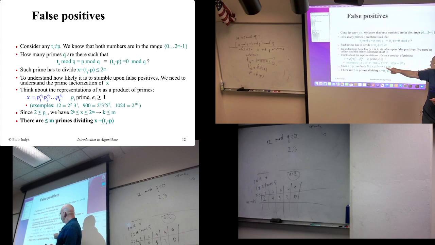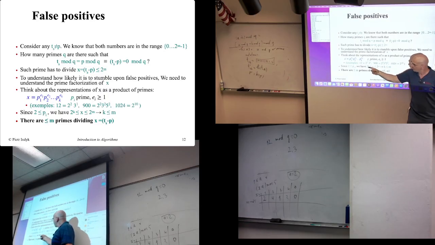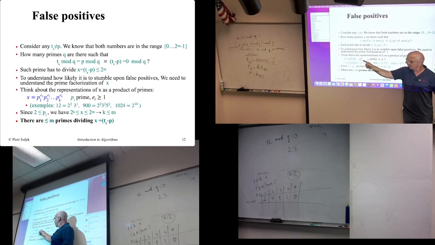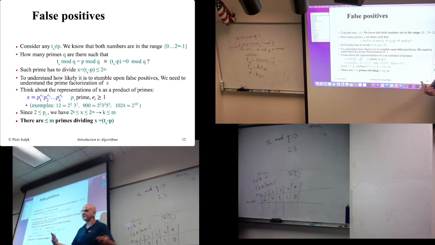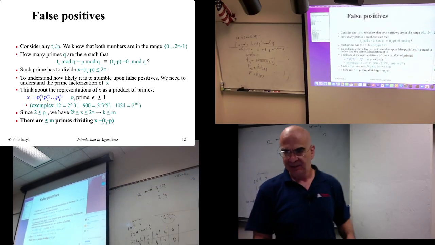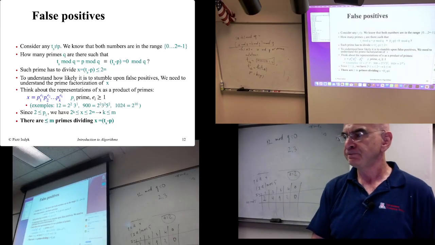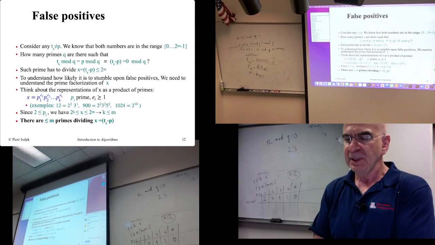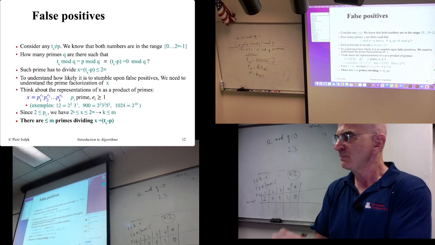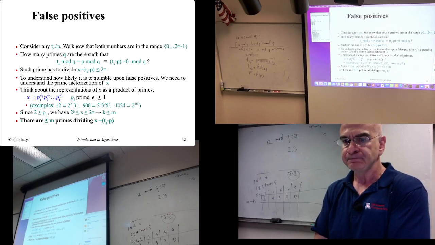I cannot have more than m bits. If I look at how many bits there are in the pattern, the number of primes that cause the false positive is smaller than the number of bits that participate in the pattern. Okay, is everybody cool with this observation? It's important for where it's going.